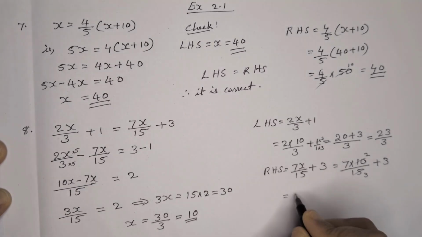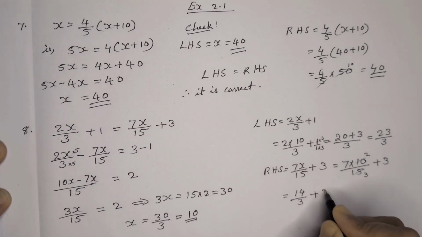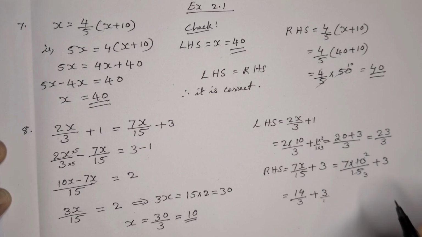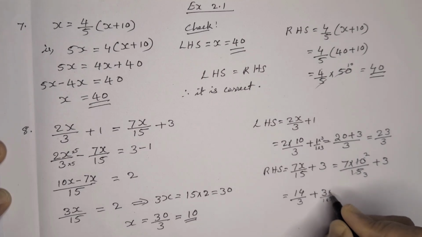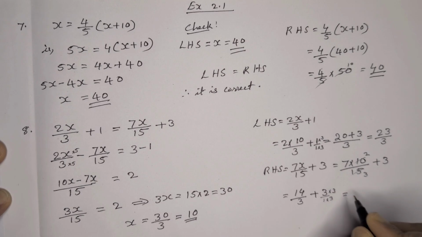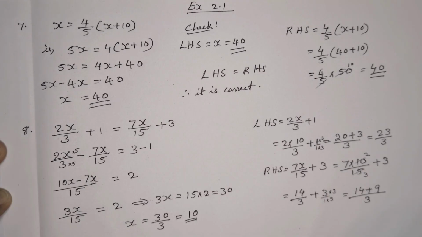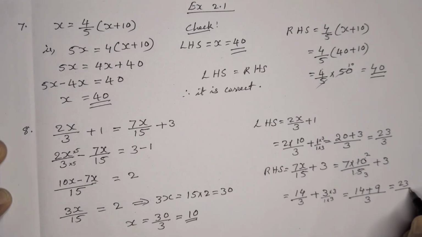That is coming 14 by 3 plus 3. Again 3 we can write as 3 by 1 and multiply up and down with 3. So 14 with common denominator 3. 14 plus 3 into 3, 9, which is equal to 23 by 3.